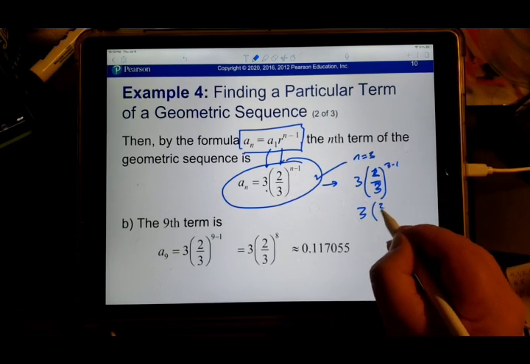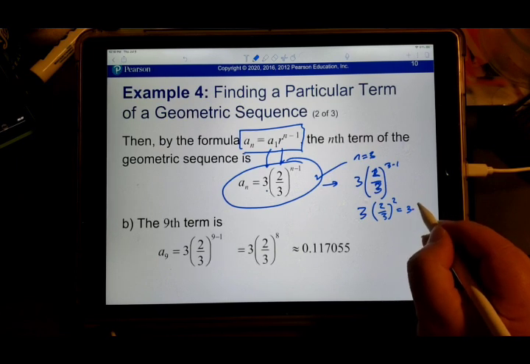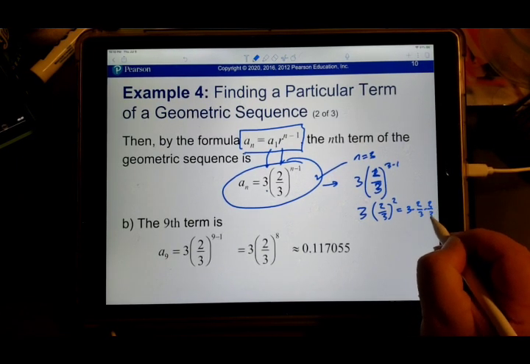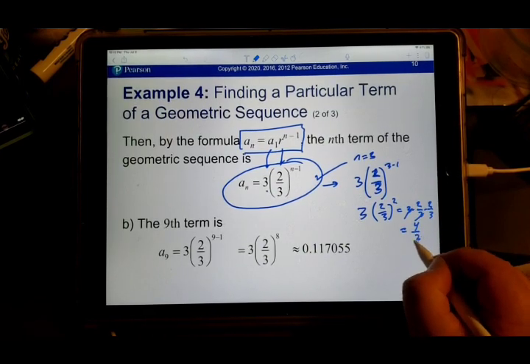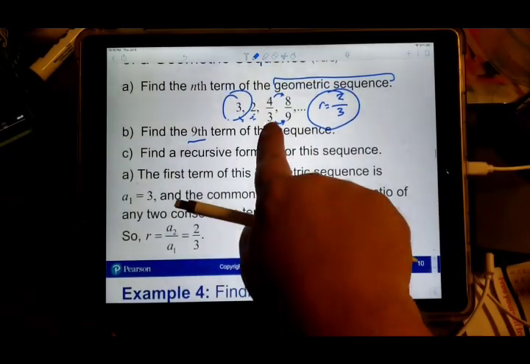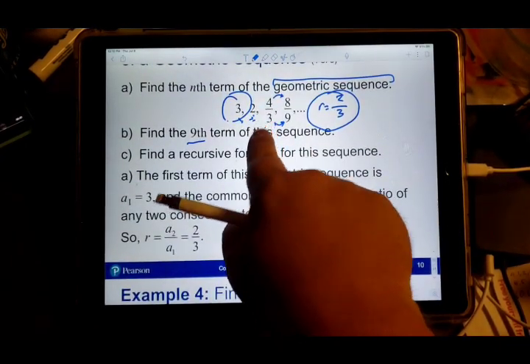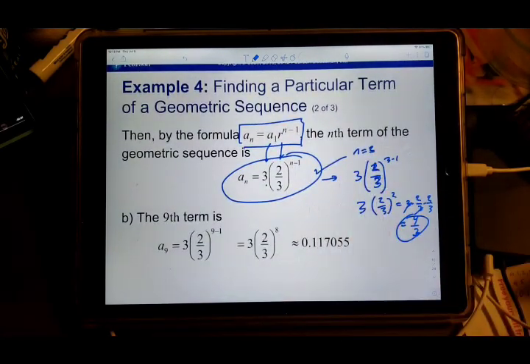That would be 3 times 2/3 squared, 3 times 2/3 times 2/3. And what would survive is, well, 4 over 3. I was just verifying that the formula does give me 4 over 3 when I substitute n equals 3.